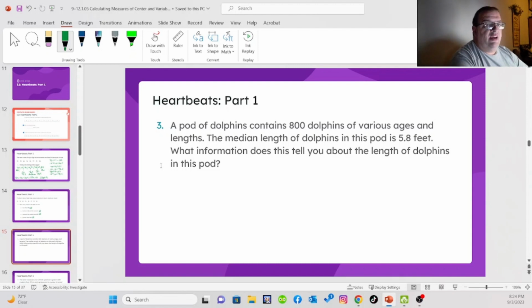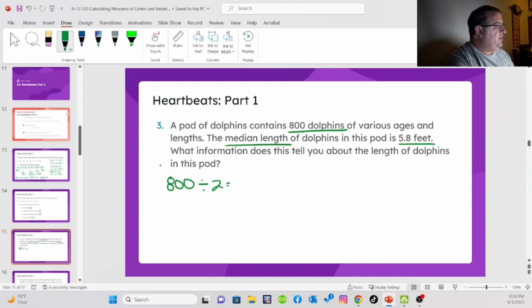So the key here is that there are 800 dolphins and that the median length is 5.8 feet. Again, a median divides our data set exactly in half. So if there are 800 dolphins and we divide that by 2, that means there are 400 dolphins in each half.